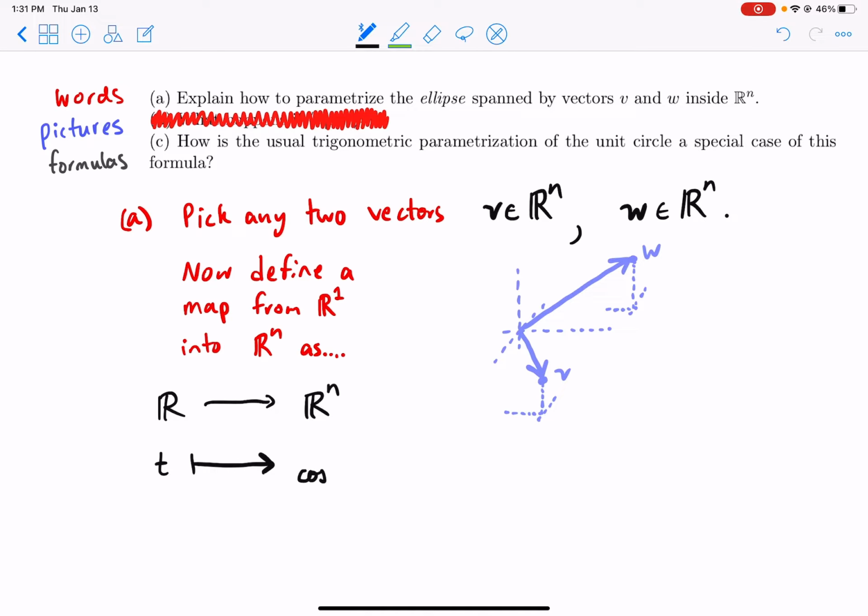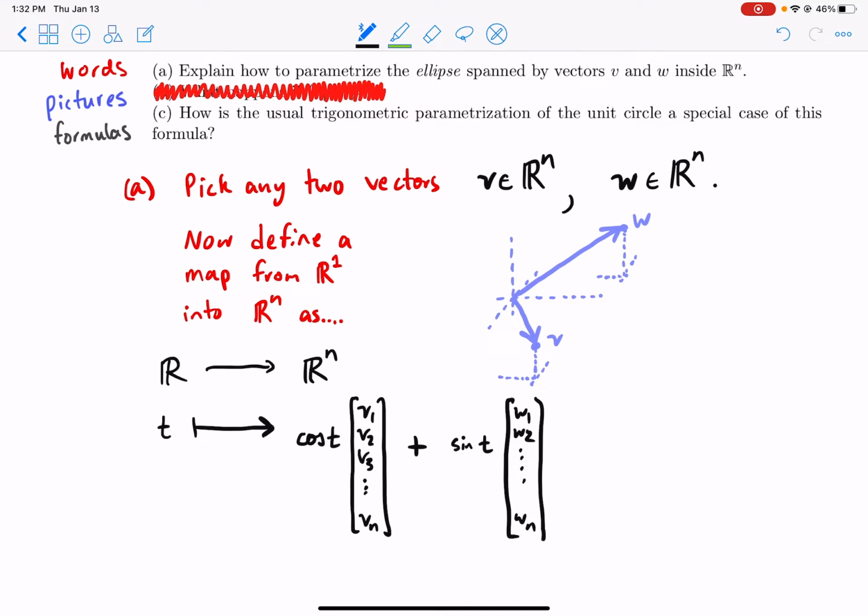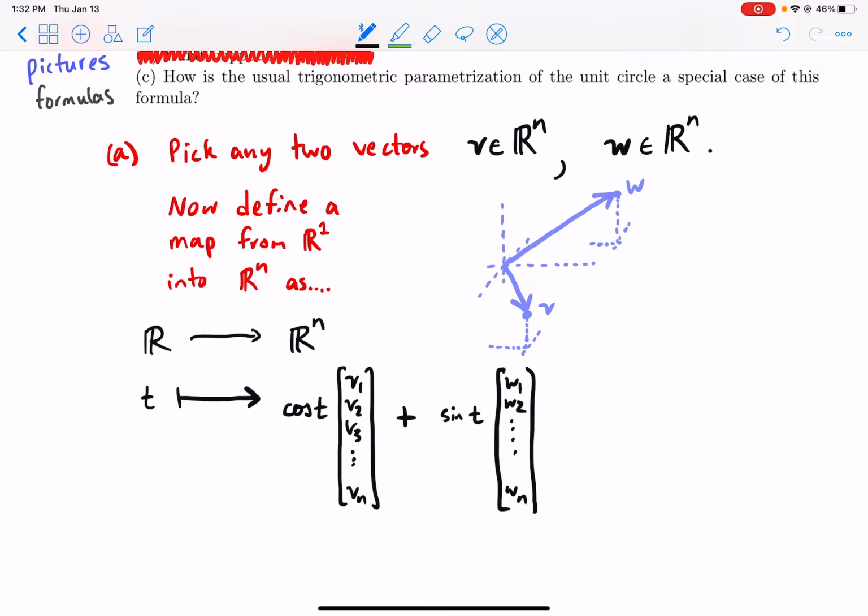The cosine of t, it's just one real number, but we need a vector. So actually, I'm going to use cosine of t, this real number, as just a scalar, and I'm going to put the components of my vector v that I chose. I chose some vector v, here it is. Then I'm going to use my vector w. And how am I going to use it? I'm going to use a piece of it, only sine t of it. And then this gives a map. This is a map. So let's give it a name. Let's call it F.